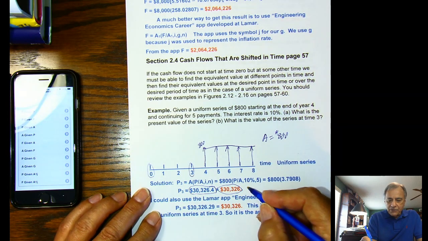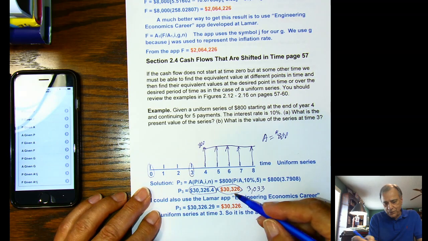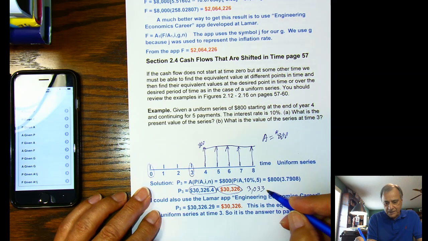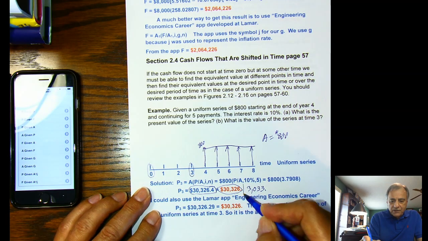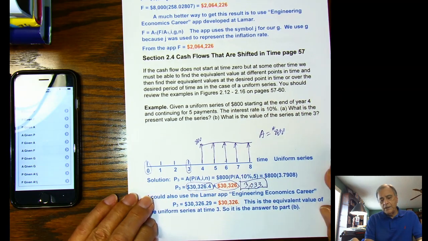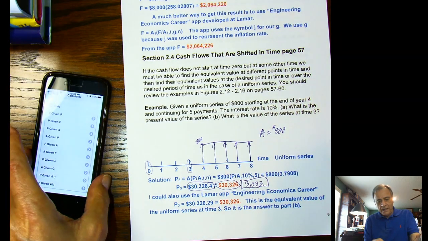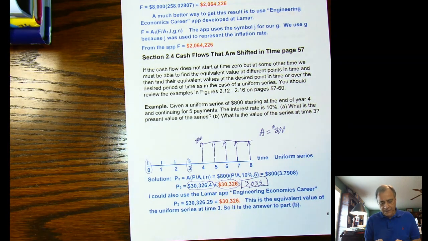So this is 3,000 and $33 actually, $32.60. So I'm going to make it $3,033.